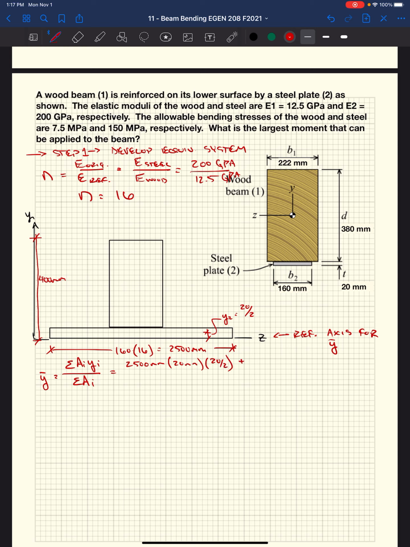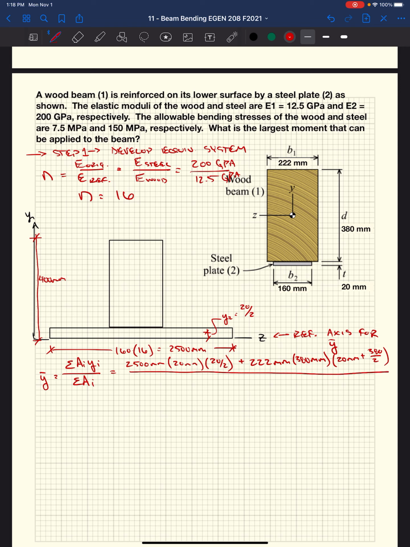Area of the wood beam 1 is 222 millimeters by 380 millimeters. That's the height. And then our height to the centroid of that block is going to be the thickness of our steel plate, 20 millimeters, plus half the height of our wood block, 380 divided by 2.